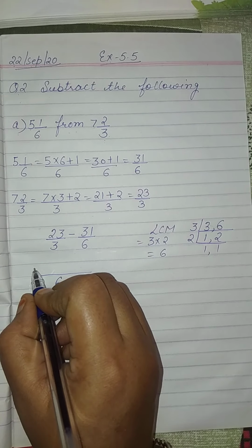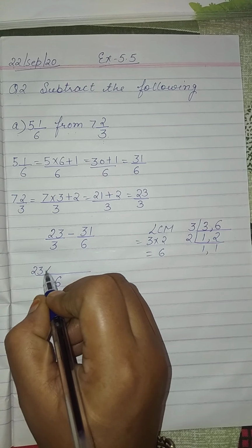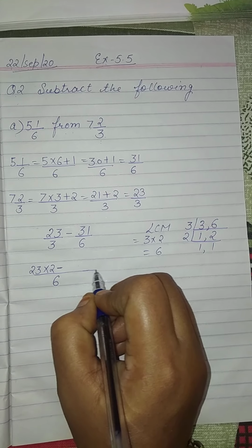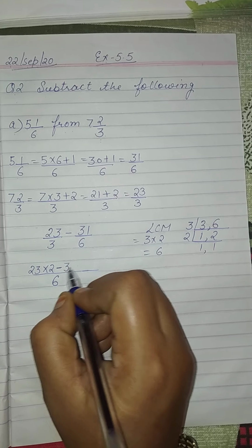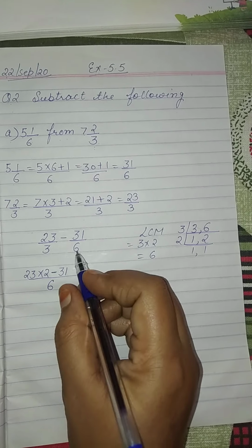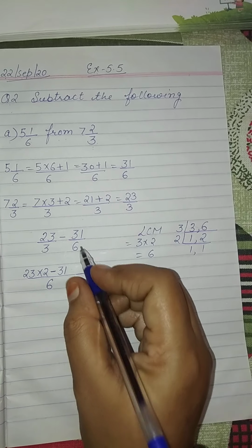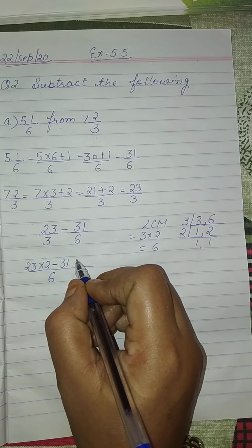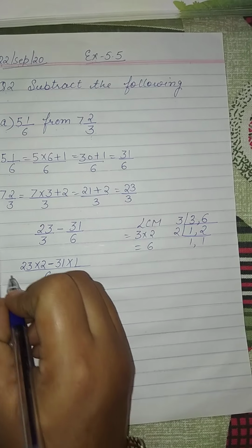So we will write it like this: 23 multiplied by 2 minus, then again we will write 31. Now 6 is also here. In both the places we have 6. तो 6 के टेबल में 6 कब आता है? 6 1s are 6. So we will multiply 31 by 1.